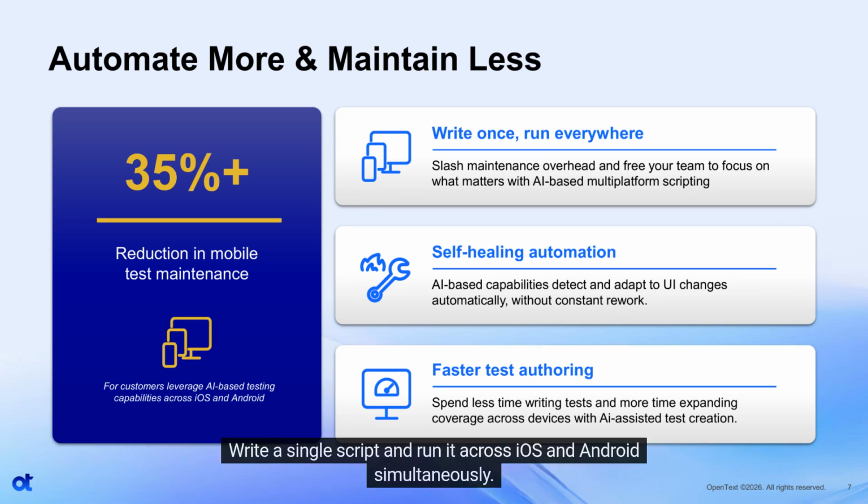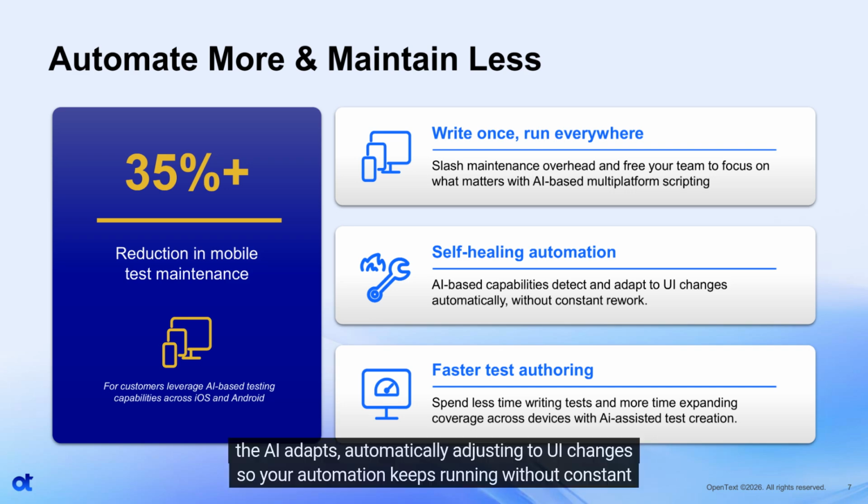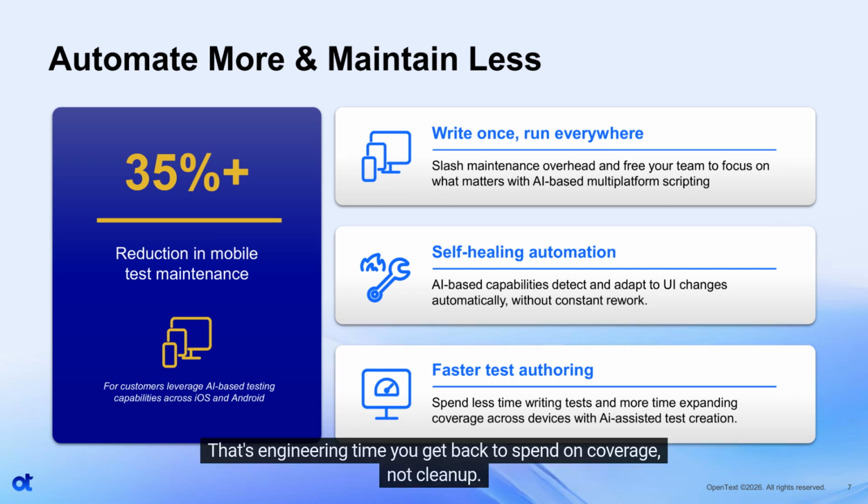Write a single script and run it across iOS and Android simultaneously. When the app changes, the AI adapts, automatically adjusting to UI changes so your automation keeps running without constant rework. Our customers using these capabilities have reported reducing test maintenance efforts by more than 35%. That's engineering time you get back to spend on coverage, not cleanup.